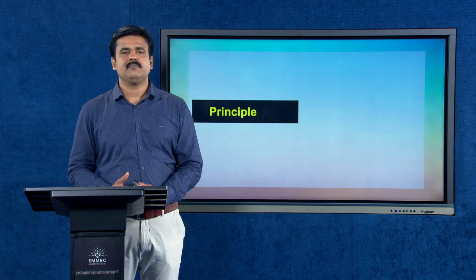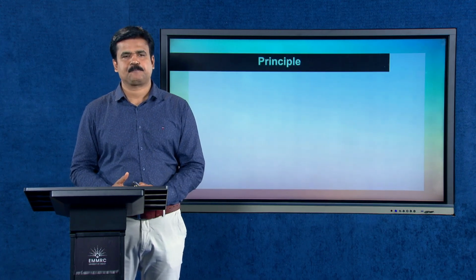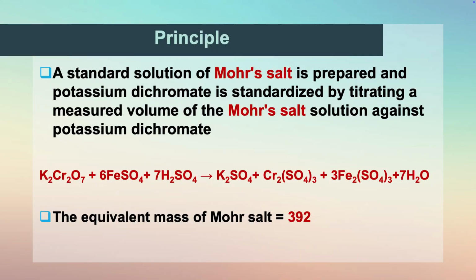The principle behind the experiment. A standard solution of Mohr's salt is prepared and potassium dichromate is standardized by titrating a measured volume of the Mohr's salt solution against potassium dichromate.